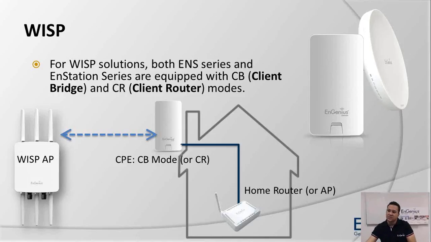So in this illustration, you see the WISP is broadcasting a wireless internet signal, and we use our ENS, or it can be EnStation as well, in either client bridge mode or client router mode to make a data connection for our household. Depending on whether you want to use client bridge mode or client router mode, you need another additional router or access point to make the wireless connection into your home.